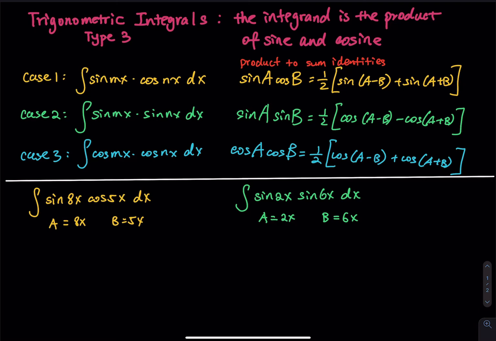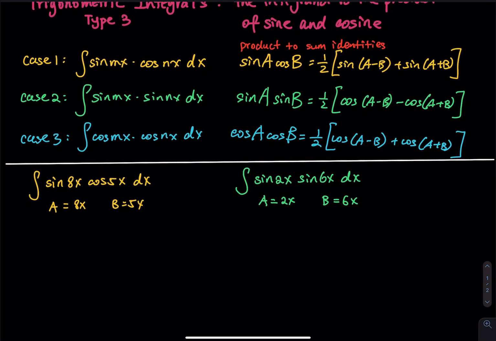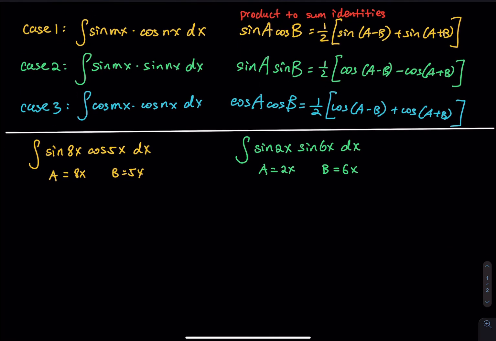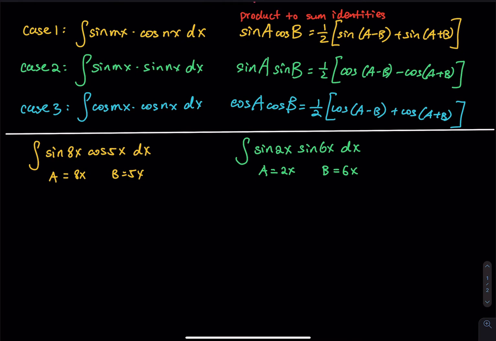In the first integral I gave you, I have the integral of sine of 5x times cosine of 8x dx. This is sine times cosine, so that matches case 1. We have to find out what A and B are: A is equal to 5x, B is equal to 8x. The first step is to plug it into the product-to-sum identity.